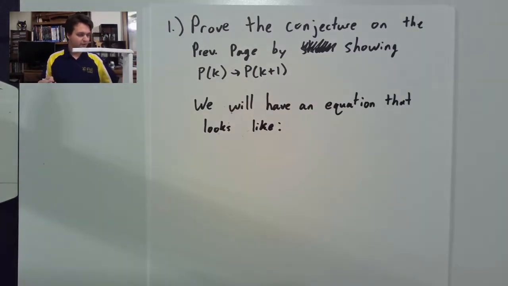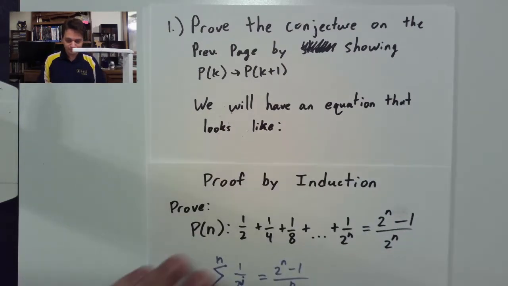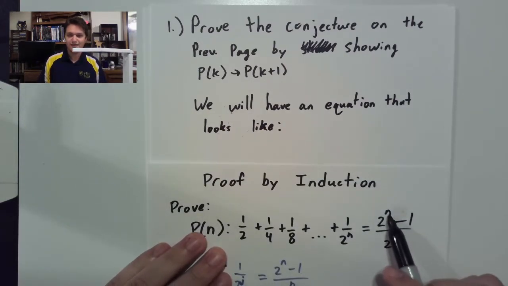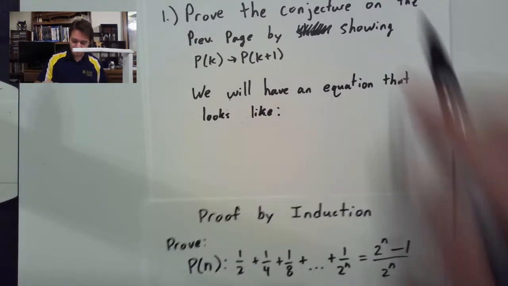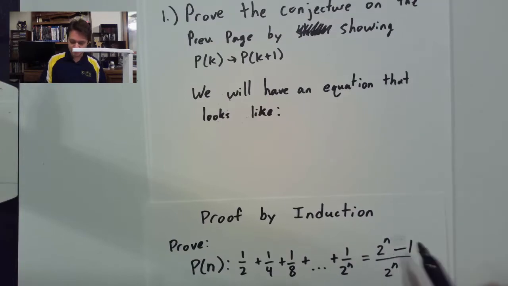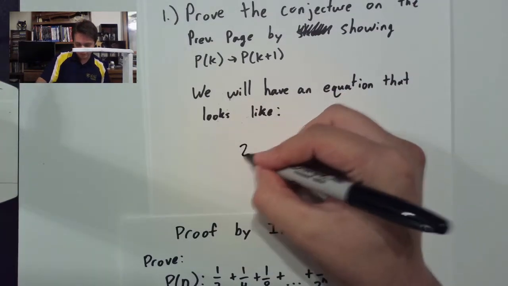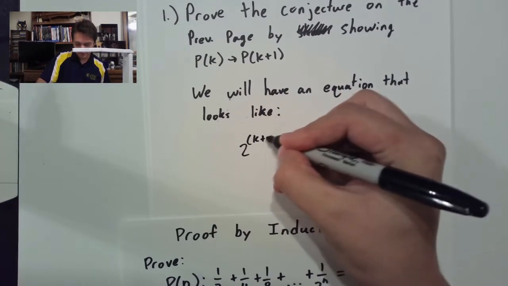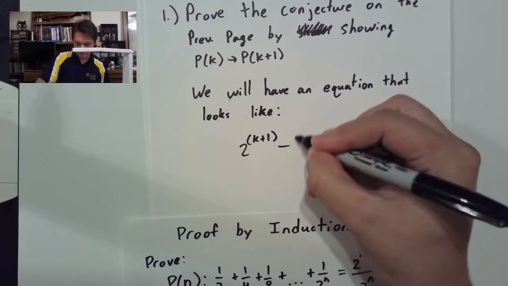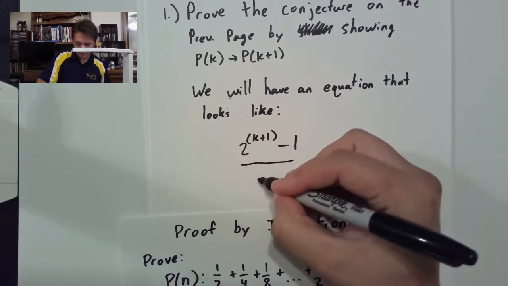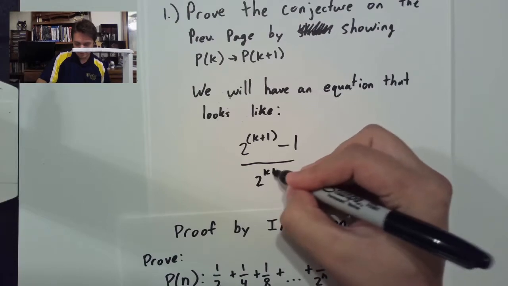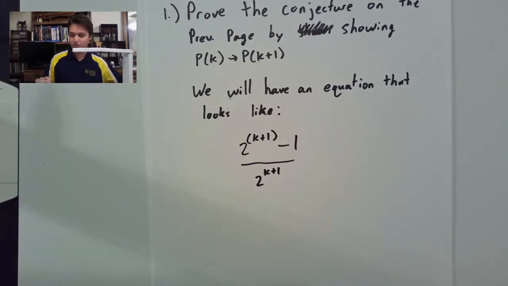If I look over at my original problem, we've got 2 to the n minus 1 over 2 to the n. Let's just substitute a k plus 1 everywhere we see an n. So that's going to be 2 to the k plus 1 minus 1 over 2 to the k plus 1. That's our goal, the target we're trying to hit.